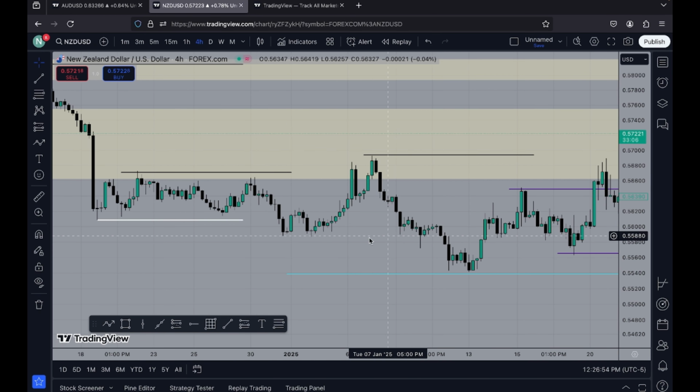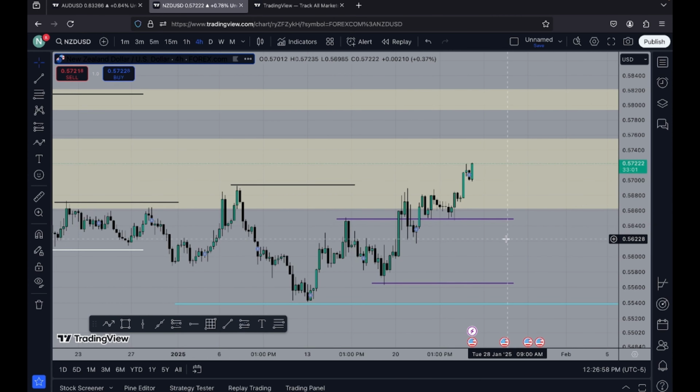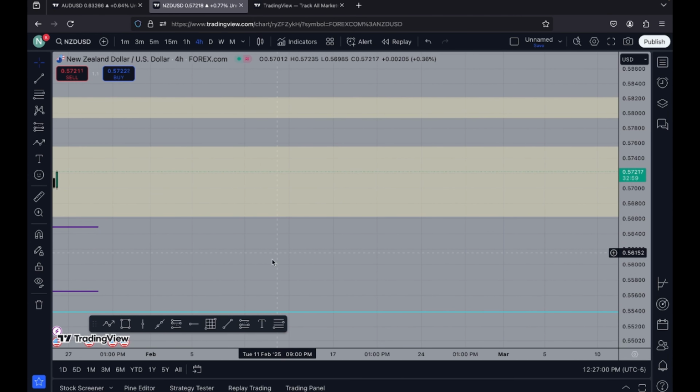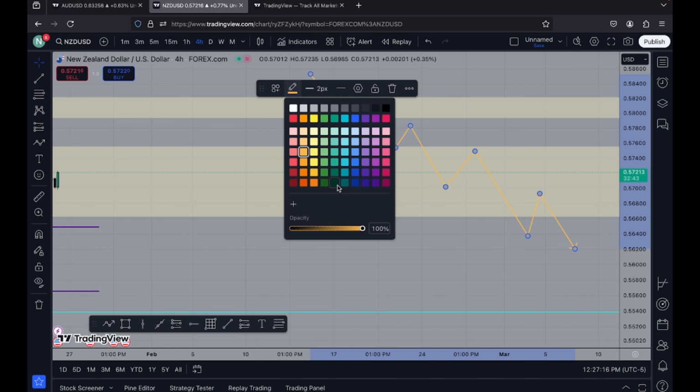Which simply means that in a bearish scenario, I'll give us another sketch to help us. In a bearish scenario, look at what we want to see. Price expands, goes high, expands again, goes high, expands, goes high, and then expands. So I might change this to blue.